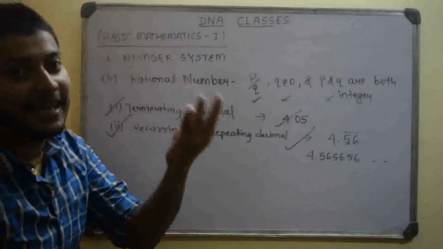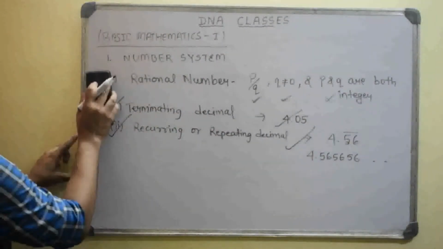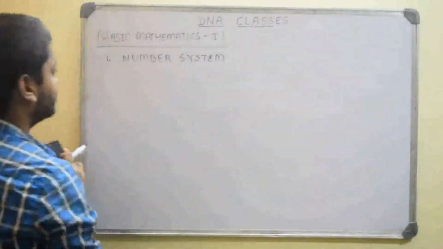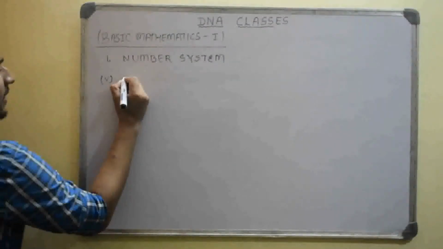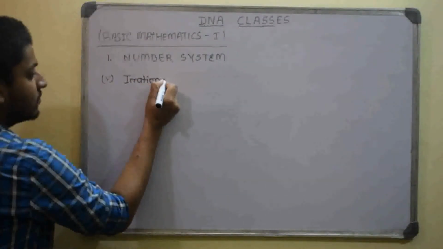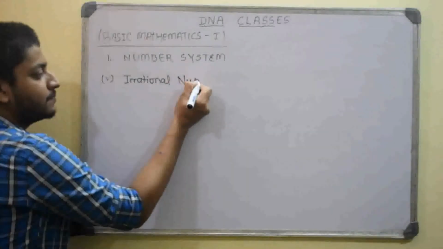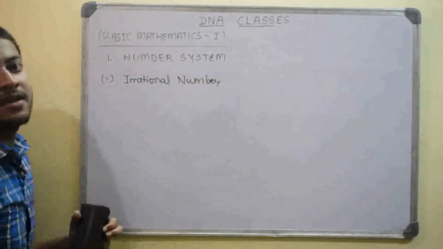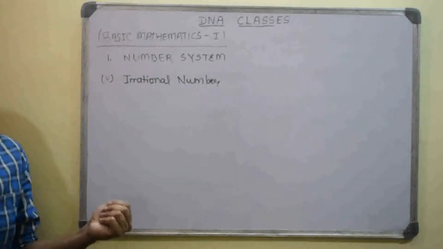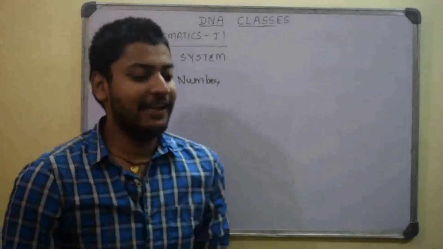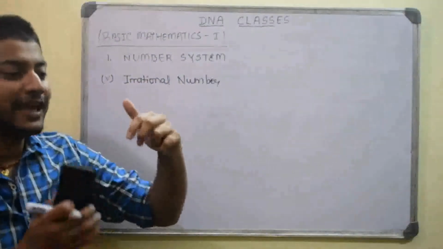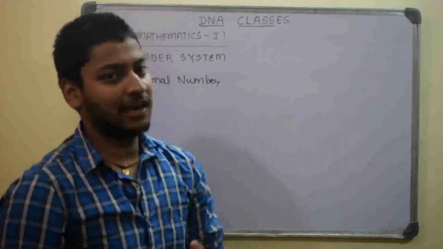Now we will deal with irrational numbers. What is an irrational number? As we have seen, terminating and recurring decimals are rational numbers, meaning we can convert that decimal into a rational number.